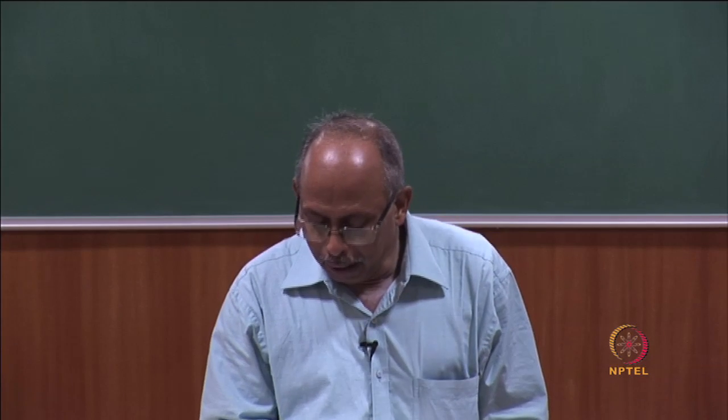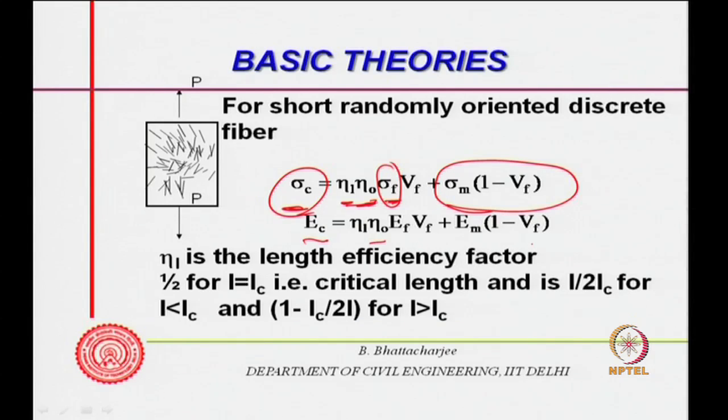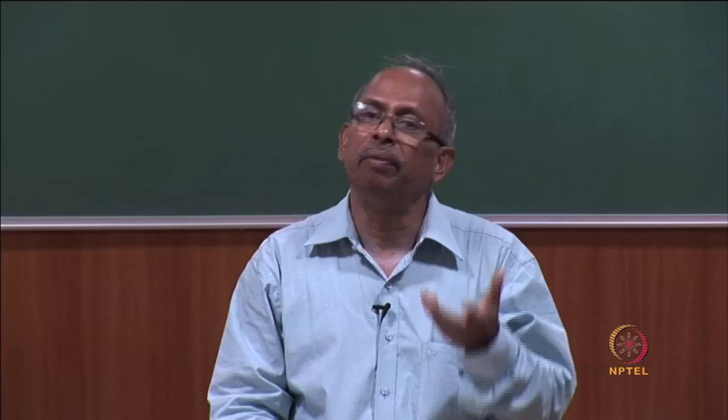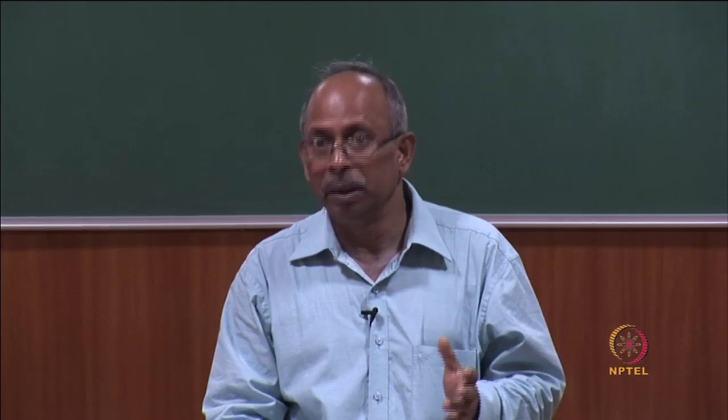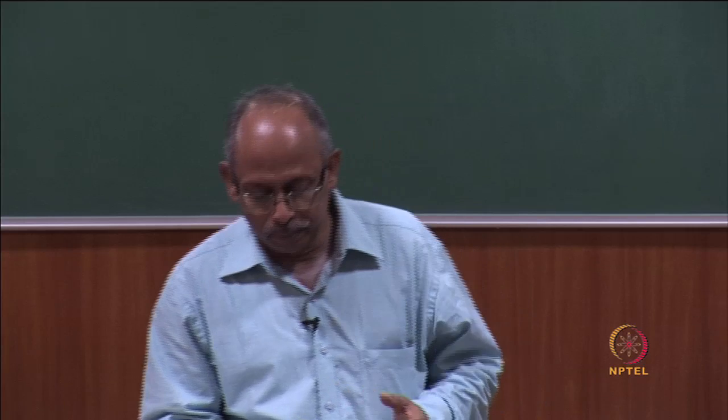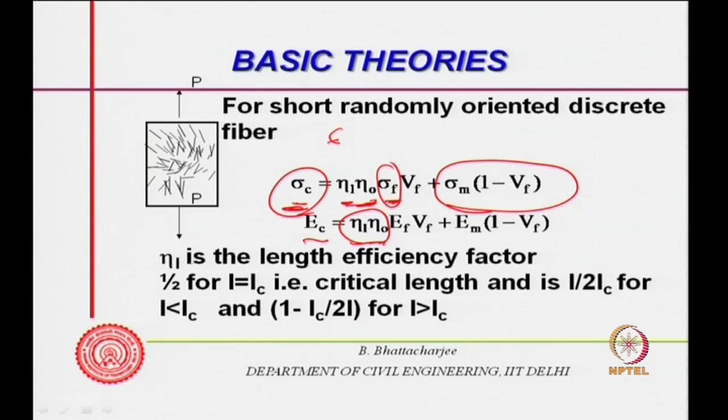Similarly, the modulus of elasticity can now be related to this, because epsilon is still the strain. Divide everything by the same strain, and you will get the same efficiency factors. We are assuming the strain in the matrix and the fiber is still the same. There is no slippage, they have a perfect bond between the two. So, nu L is called the length efficiency factor.